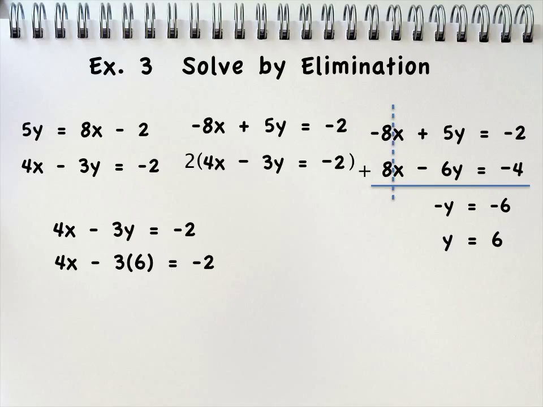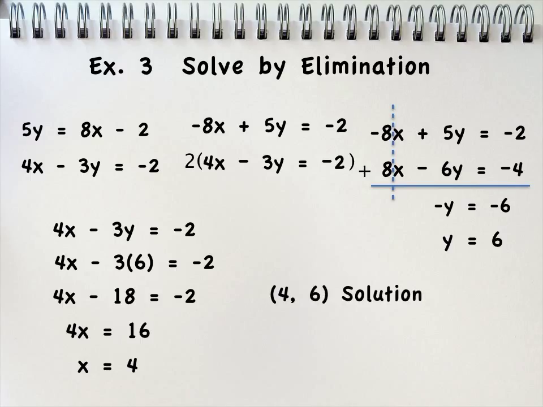And I will solve for x here. Add 18 to both sides, divide by 4. I get x equals 4. My solution now to this system of equations is (4, 6). So if I were to substitute x equals 4 and y equals 6 into either of the two given equations, I would get a true statement. That's how I could check my solution.